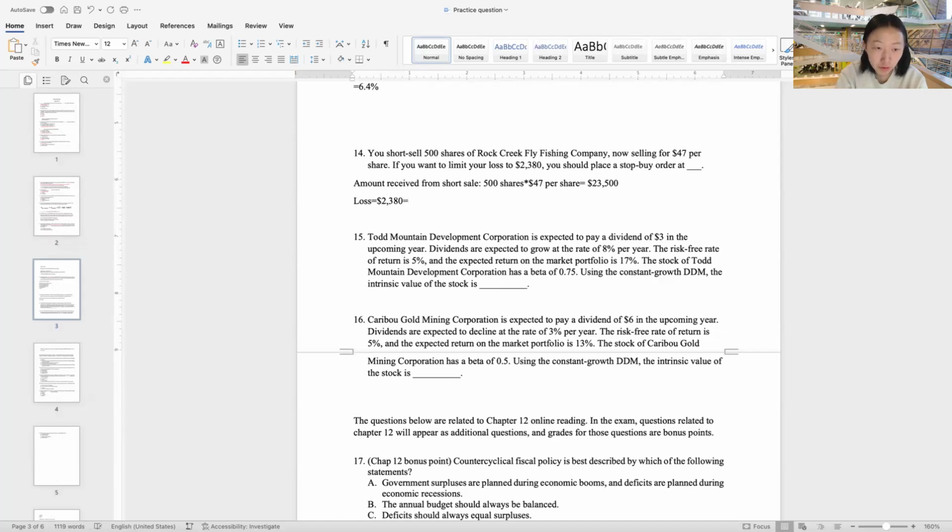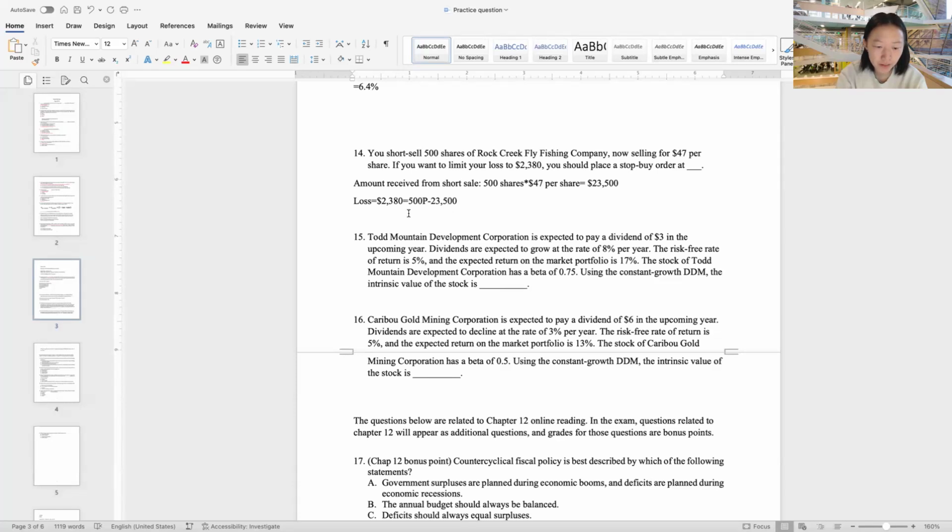The loss equals 500 times the price minus the initial proceeds.